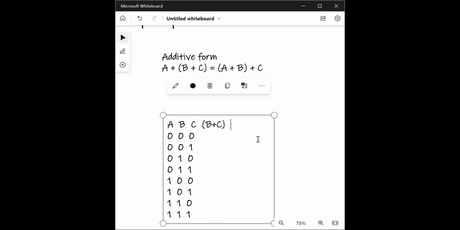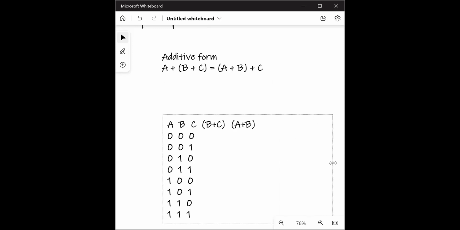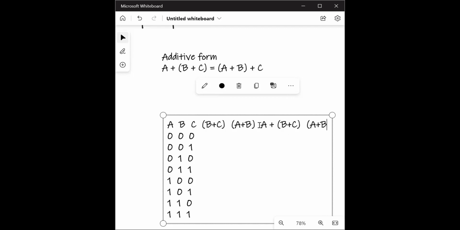And then let's have A plus B. And finally, I'm going to have A plus B plus C. Yes, then A plus B plus C. Right.